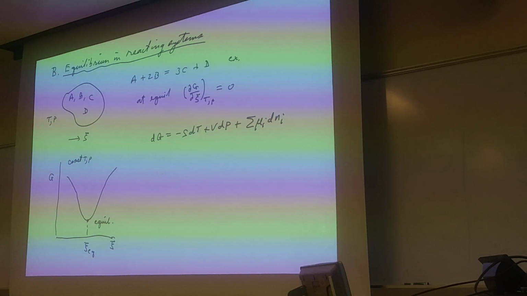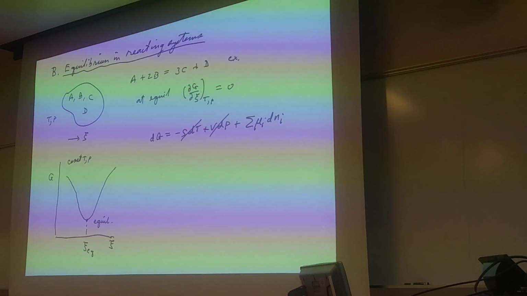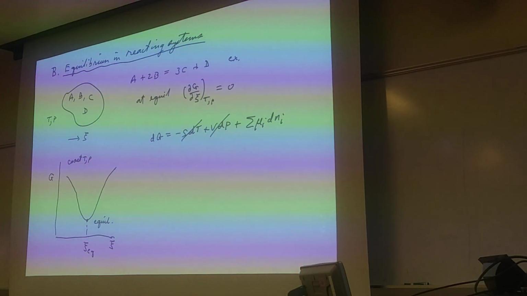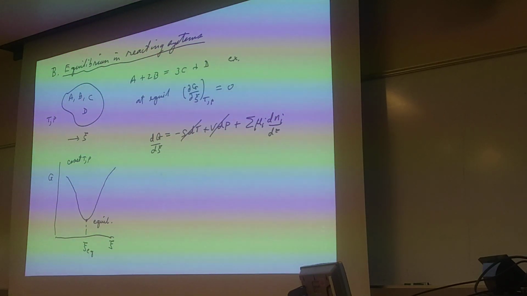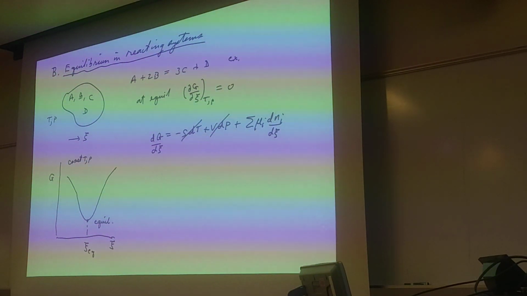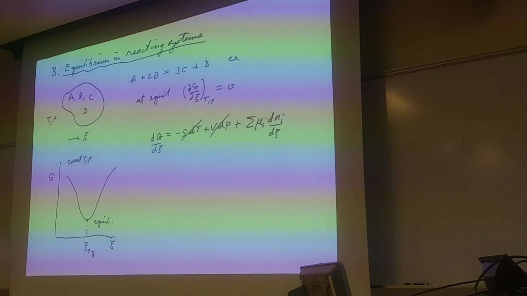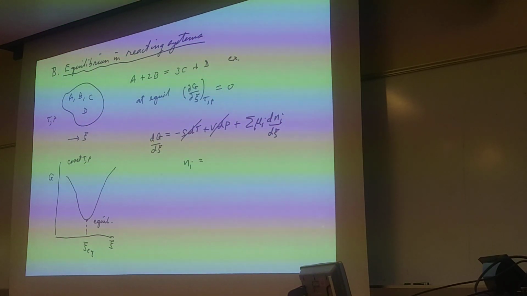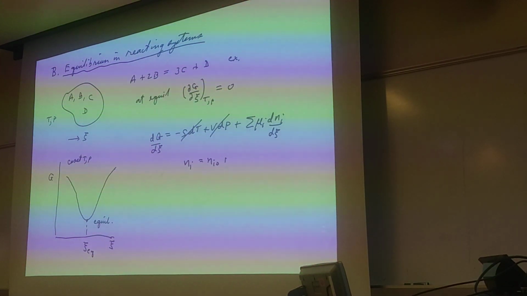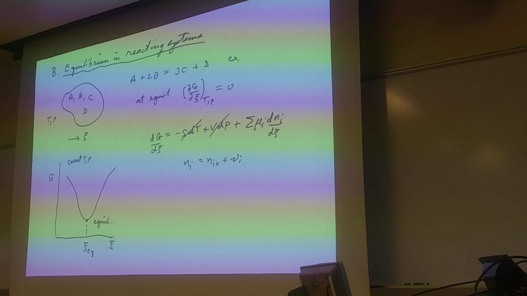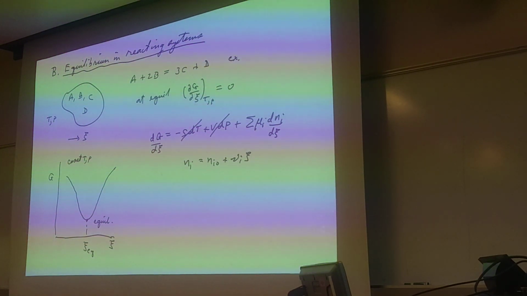Now we've set T and P constant, so those terms go out, and this is what I'm left with. So if I'm going to write dG/dξ, then this is what I've got. Now I recall here that N_i is equal to N_i0 plus ν_i ξ.